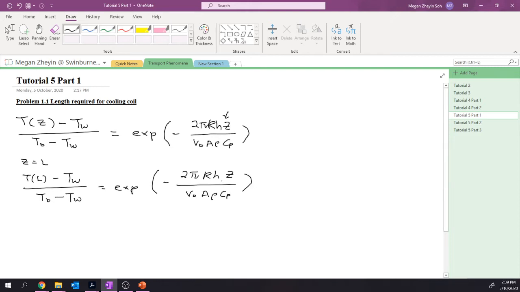Then we can calculate for the Nusselt number.